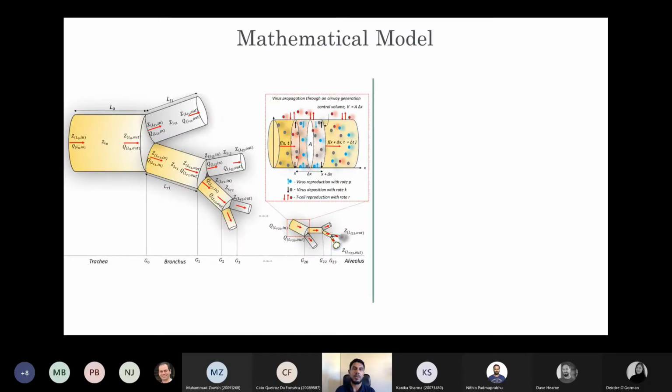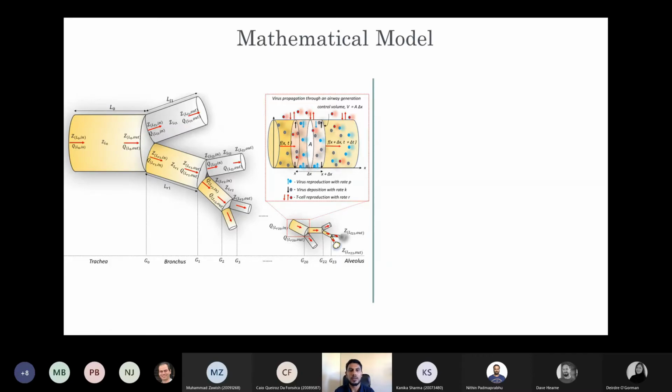By considering the geometry of our respiratory tract, once the virus gets in through our mouth or nose, it travels through our respiratory airway generations, and some of the virus deposit on the airway walls. Once it deposits, as you can see in this figure, while they are traveling along an airway, they deposit on the airway wall and then start the infection.